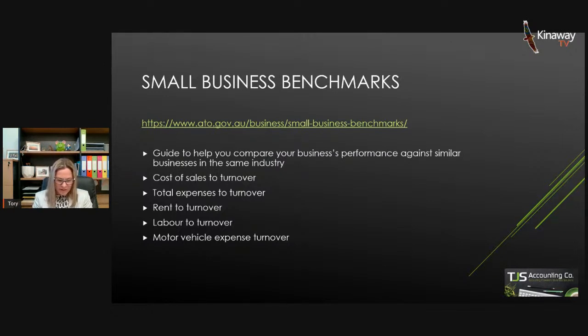When they're looking at those benchmark ranges, as I say, they're looking at the cost of sales to turnover, expenses to turnover, rent to turnover, labour to turnover, and motor vehicle expenses. They're also looking at investments, so non-capital purchases, and GST-free sales to total sales.